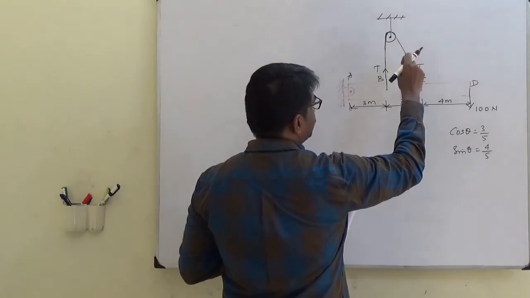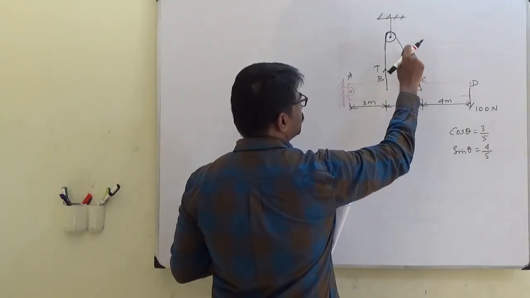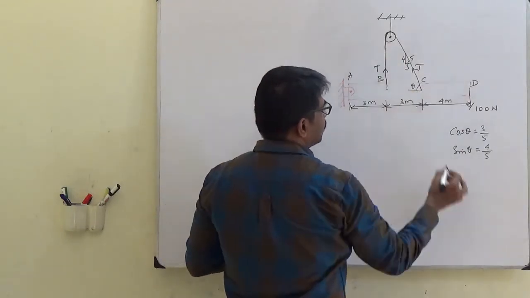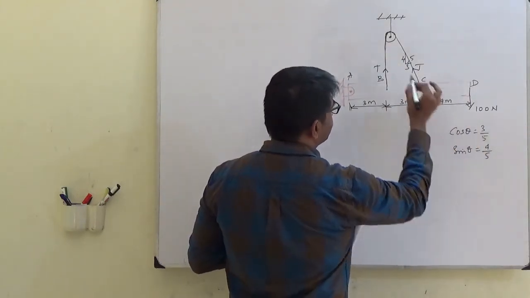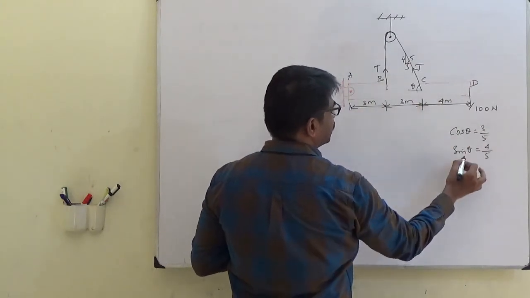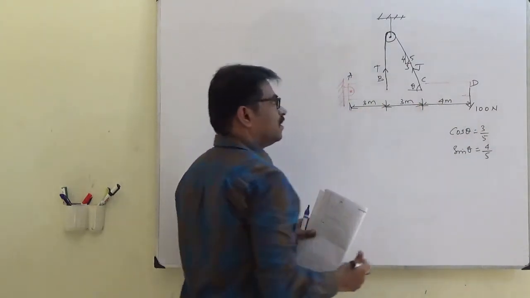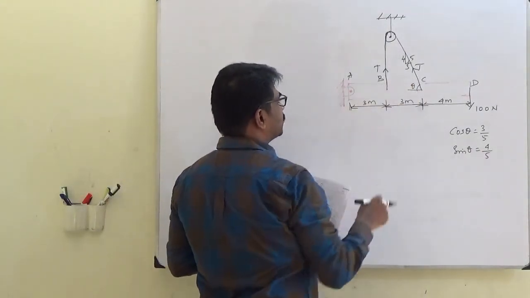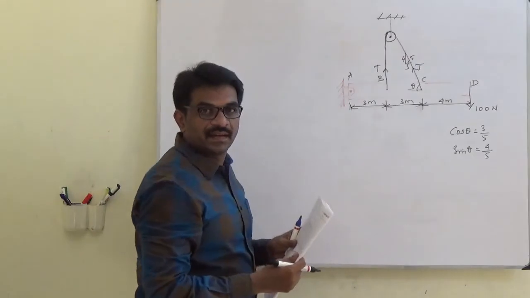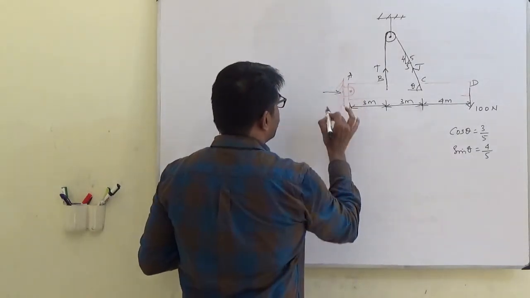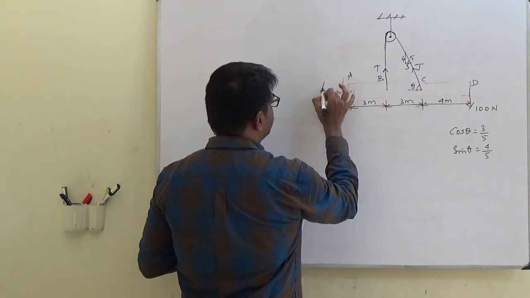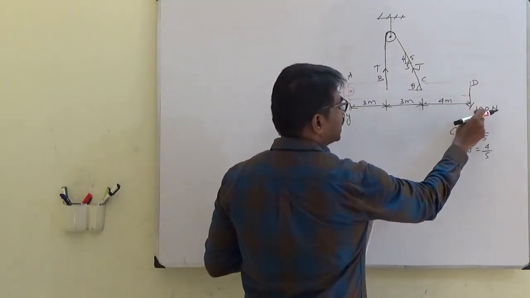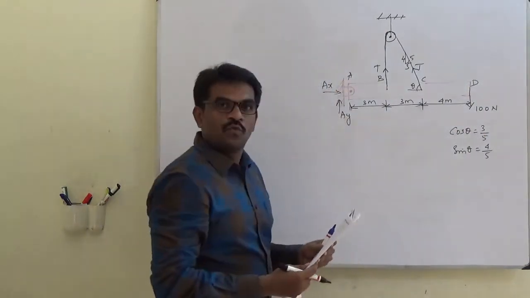Now there is an inclination: 3, 4, so the hypotenuse is 5. If this is theta, then cos theta is adjacent by hypotenuse, 3 by 5, and sin theta is 4 by 5. There is an inclined force, there is a vertical force, and if you take the reactions, horizontal reaction, vertical reaction, Ax, Ay, and also there is an external force.